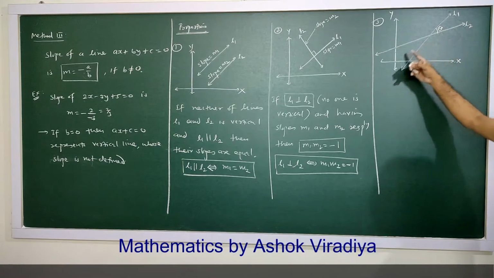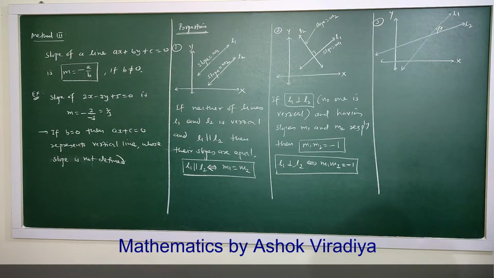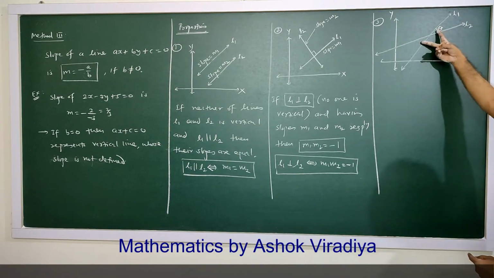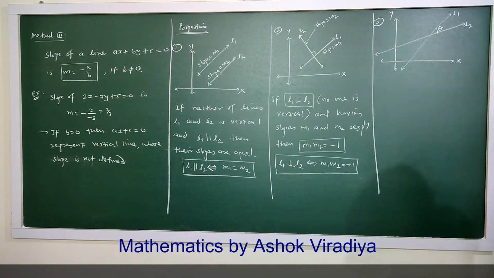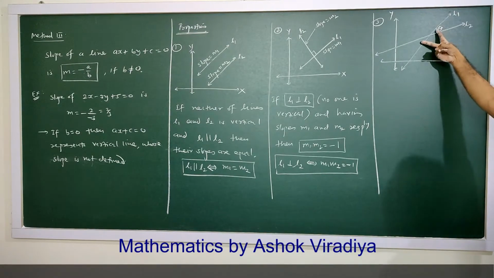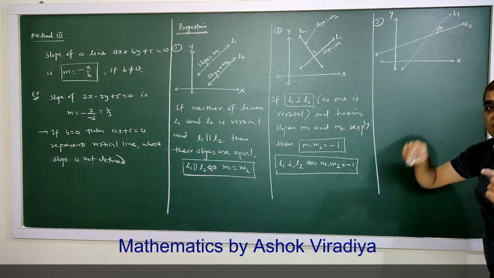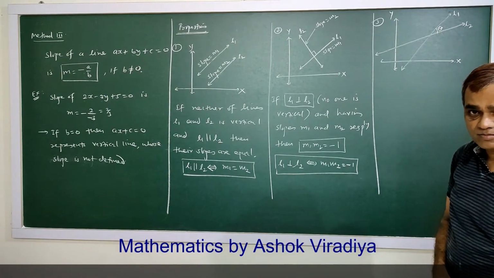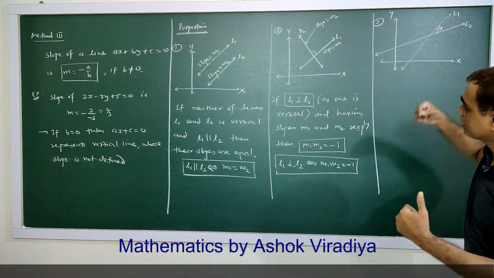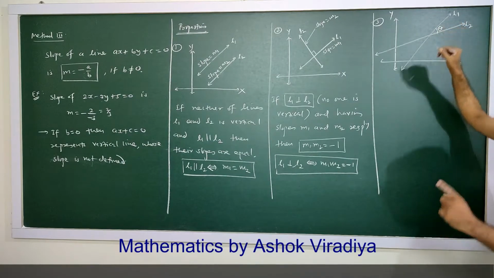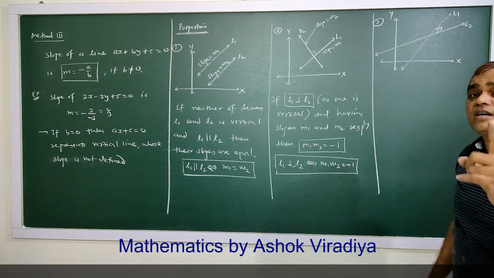Wherever two lines intersect, we obtain two pairs of vertically opposite angles. This is one pair, this is the second pair. One pair is acute angles and the other pair is obtuse angles. Whichever is the acute angle is said to be the angle between the lines.